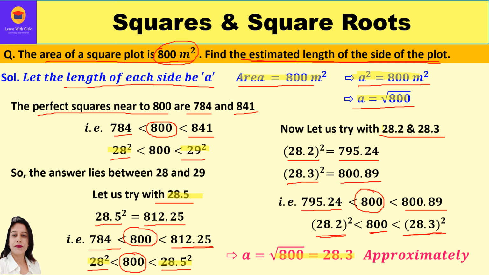Then we tried with 28.2 and 28.3, and further we said that 800 lies between 28.2 square and 28.3 square, and the closest one is 28.3. So square root of 800 is 28.3, and that is the value of A. A was the length of the side of the square plot. So we can say the length of each side of the square plot is 28.3 approximately, right?